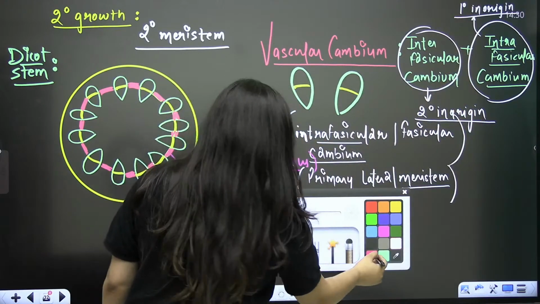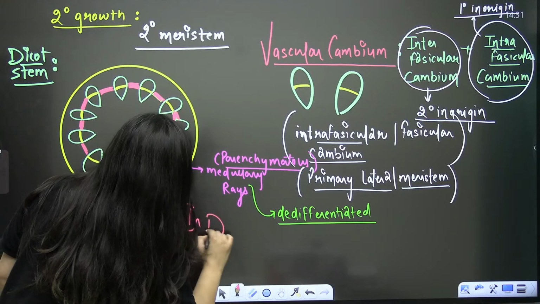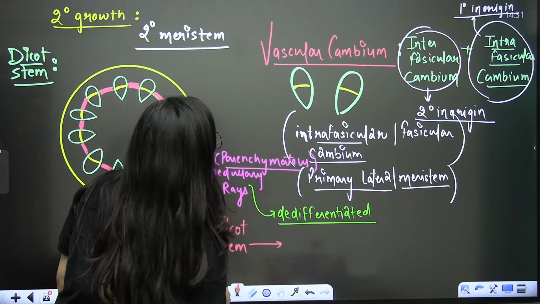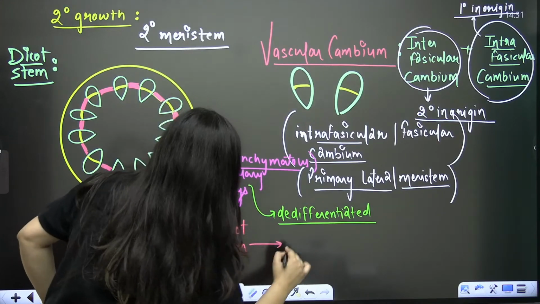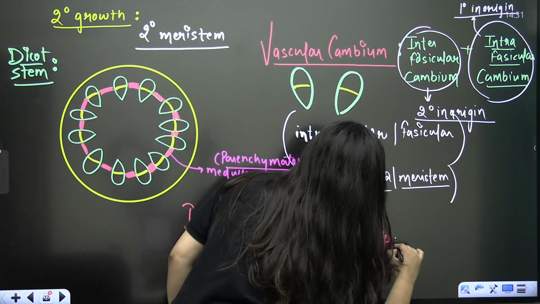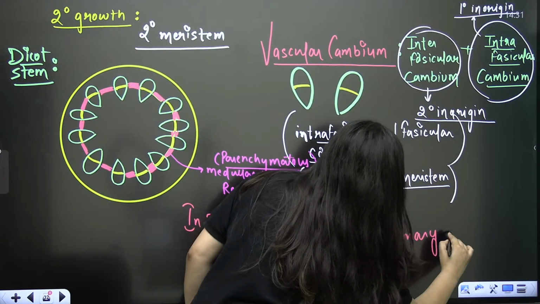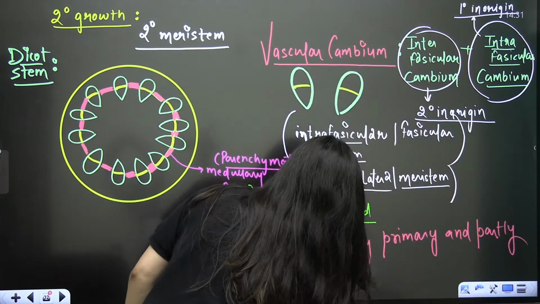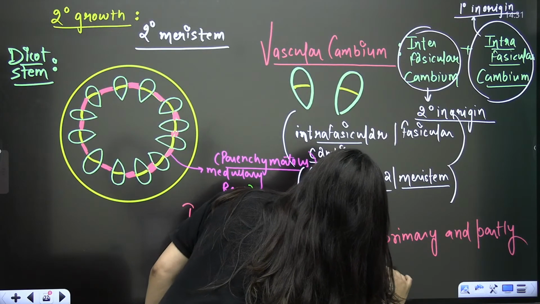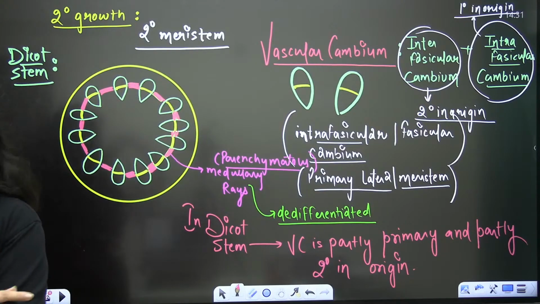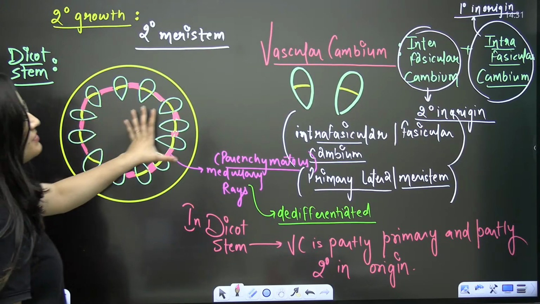So can I say that in dicot stem, vascular cambium is partly primary, like half of it is primary in origin and partly secondary in origin? Yes, so this is the formation of the cambial ring.